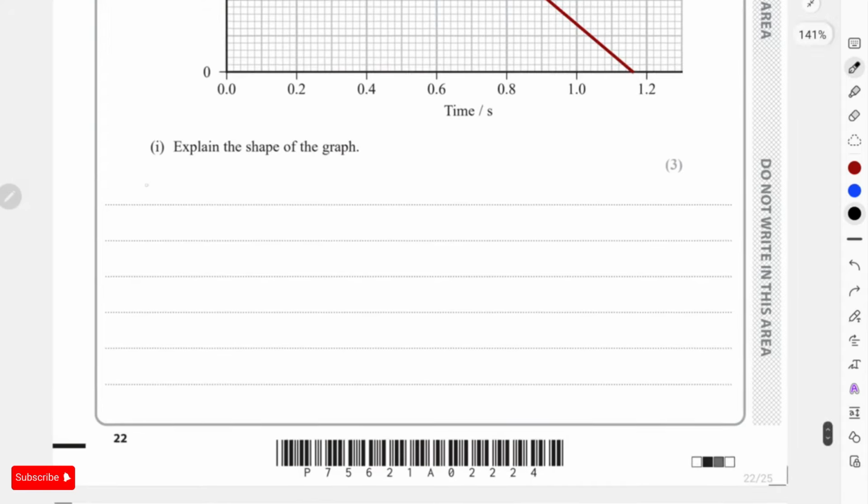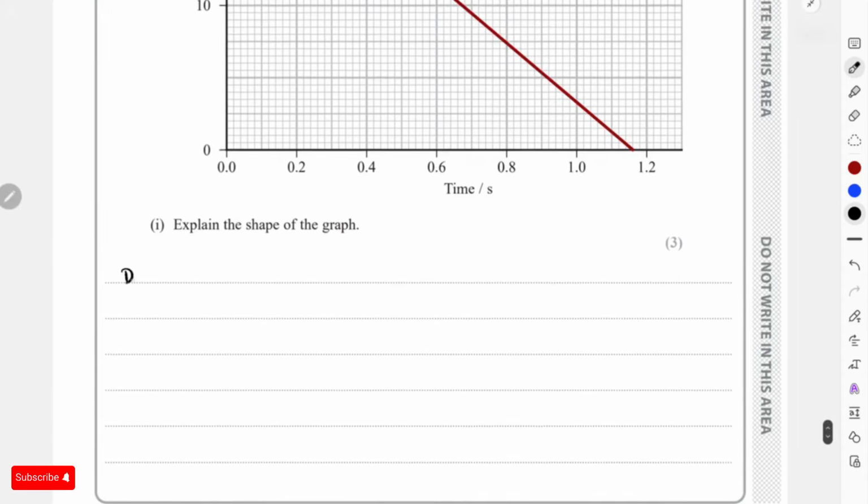So I'll use it during the first 0.04 seconds: velocity is 0 as gradient is 0. We can say that the object does not have any velocity as gradient is 0.